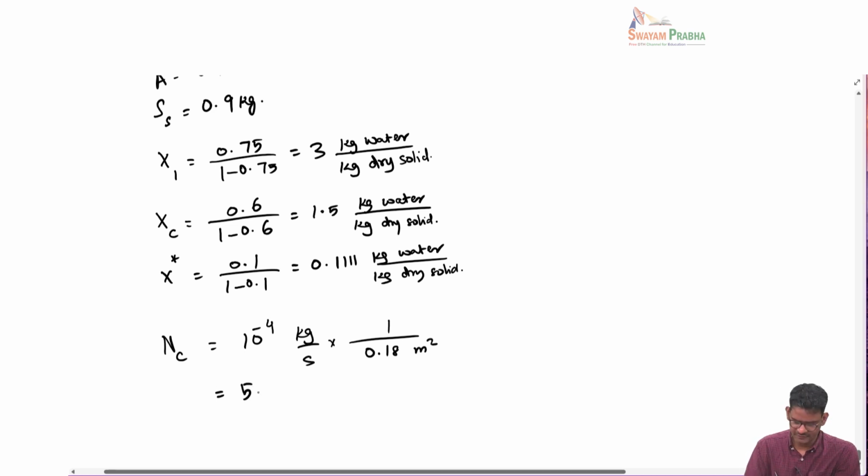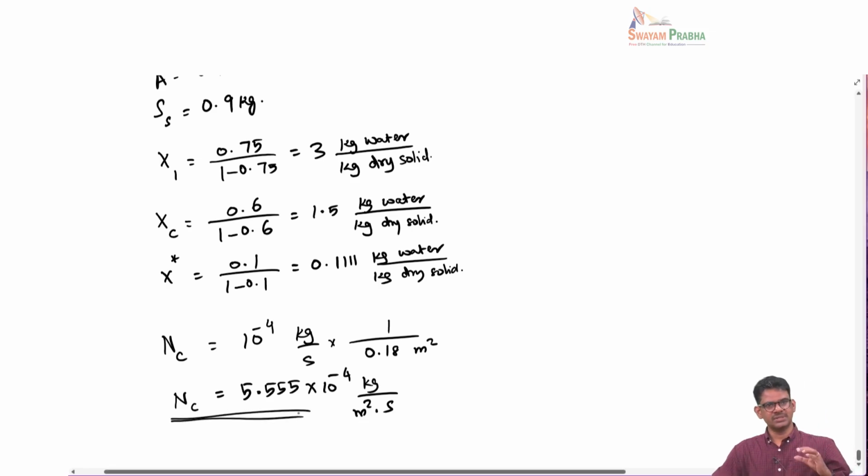So you get something like 5.555 into 10 power minus 4 kg per meter square second. So we can use this constant drying rate for the actual sample.